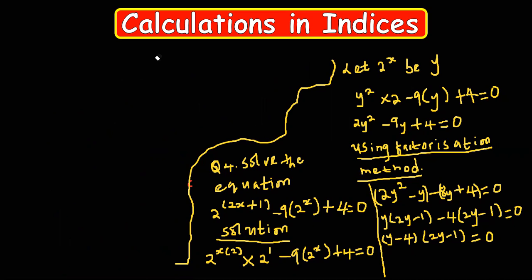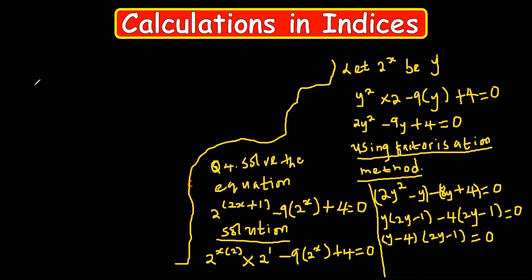Okay, that's good. So now we have y minus 4 in brackets and 2y minus 1 in brackets as well, equal to 0. In this case, when you simplify, it means y minus 4 equal to 0 and 2y minus 1 equal to 0 too.